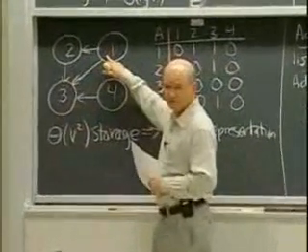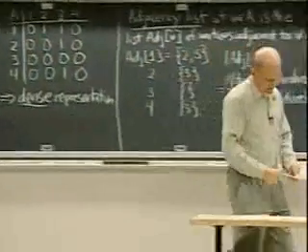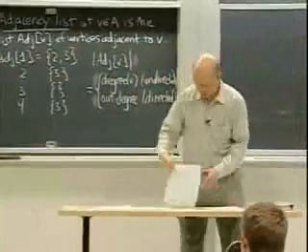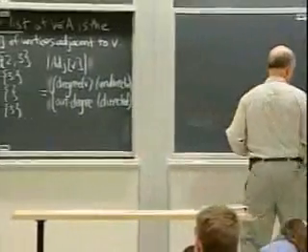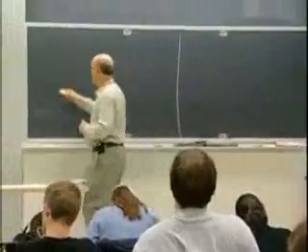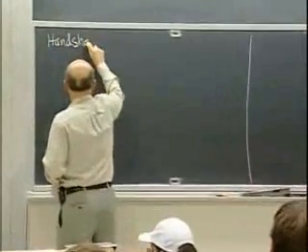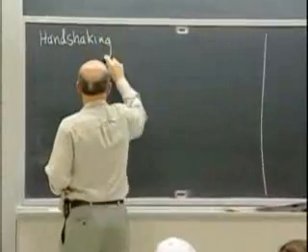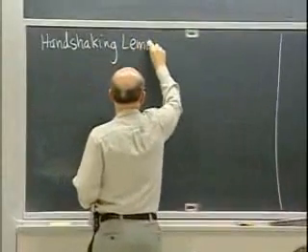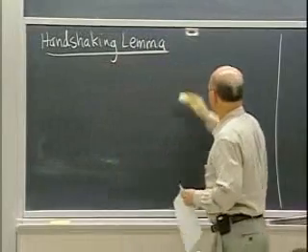Here the out degree is 2. So one of the important lemmas that comes up is what's called the handshaking lemma. It's one of these mathematical lemmas.